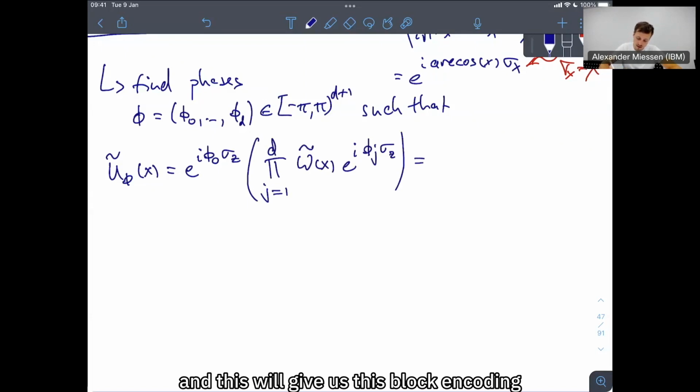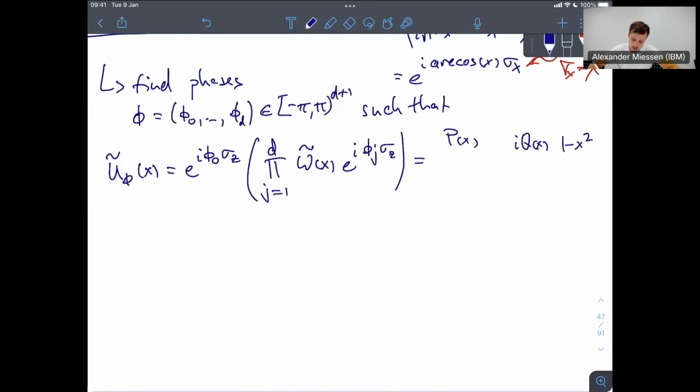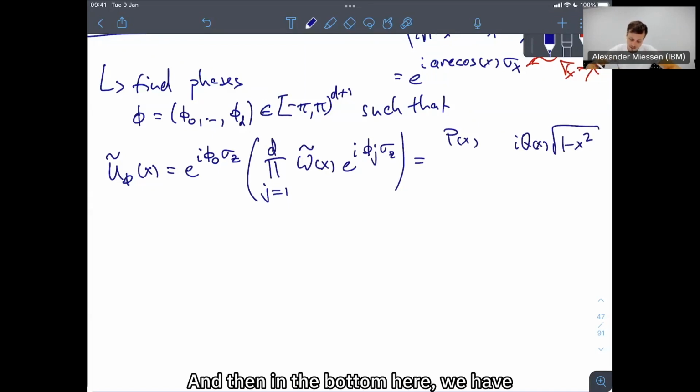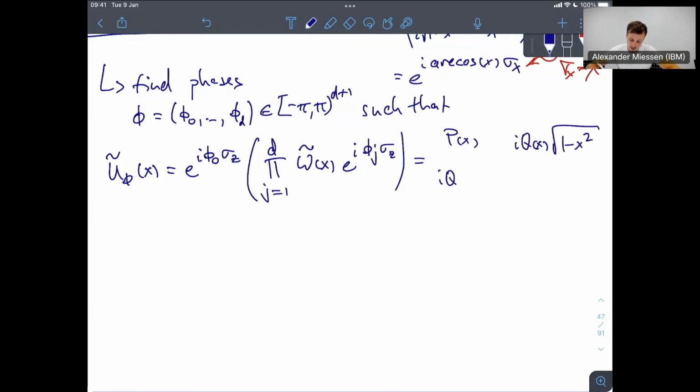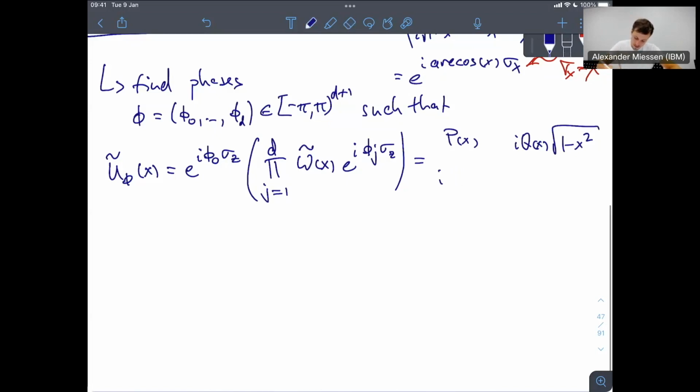And this will give us this block encoding where p(x) is some polynomial of x, q(x) is another polynomial, and then in the bottom here we have the complex conjugate.